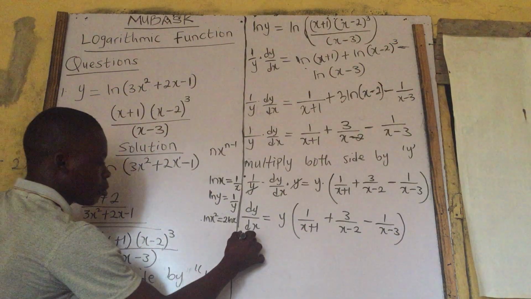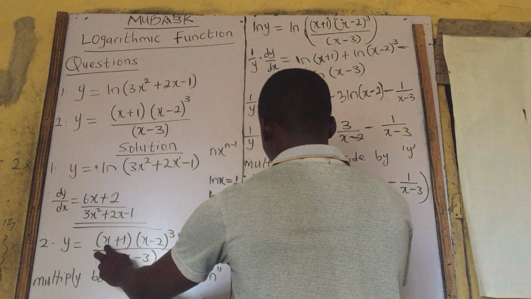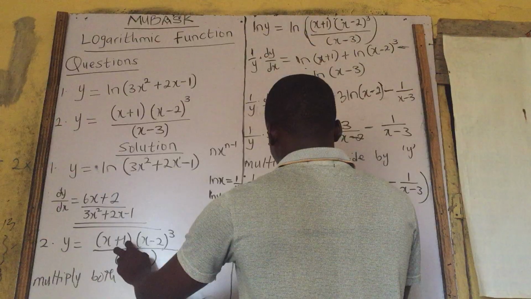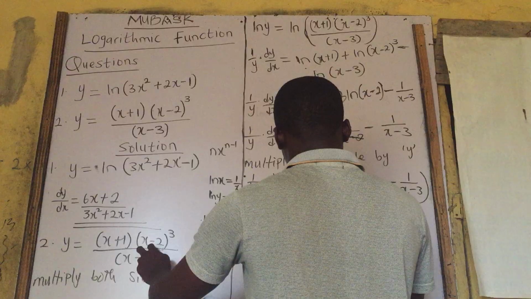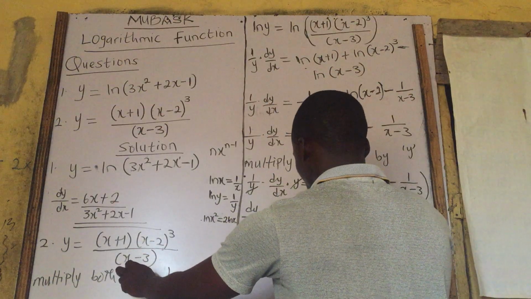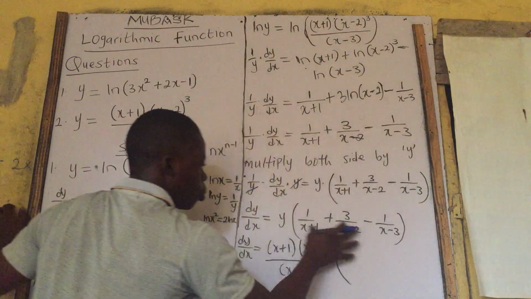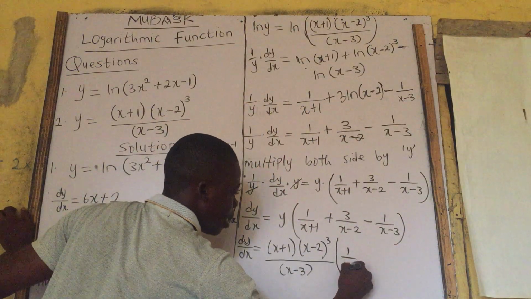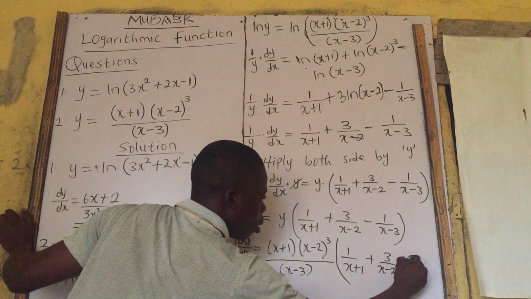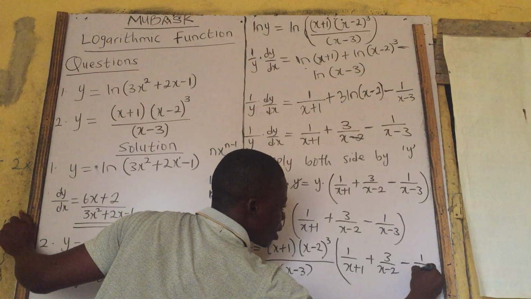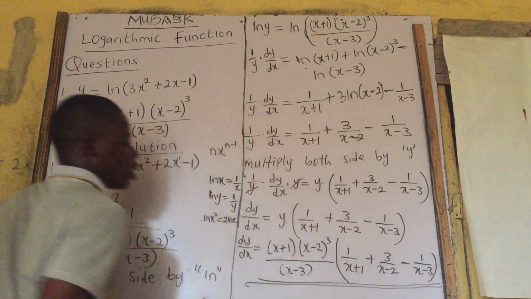Now dy all over dx equal to x plus 1 open bracket x minus 2 close bracket raised to power 3 all divided by x minus 3, open bracket 1 divided by x plus 1 plus 3 divided by x minus 2 minus 1 divided by x minus 3 close bracket. So this is our final answer for question 2.